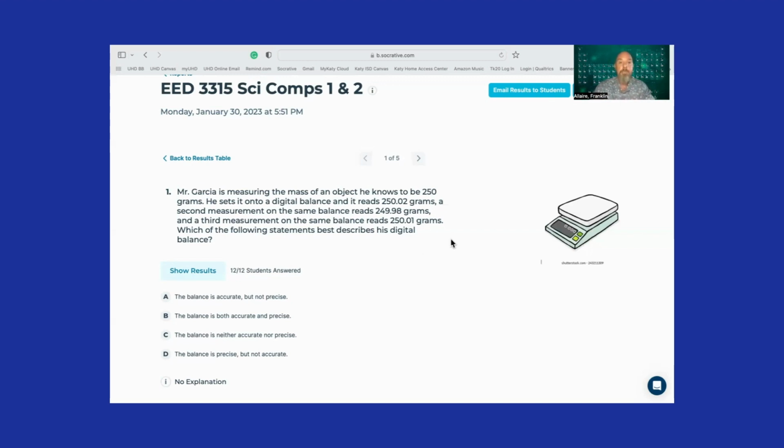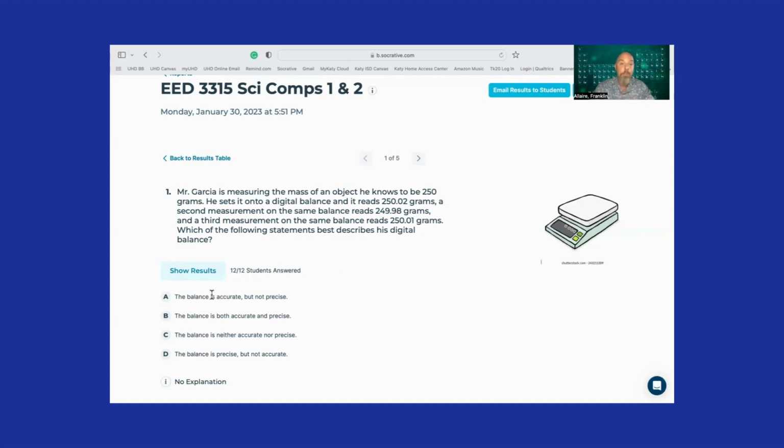Question number 1 says, Mr. Garcia is measuring the mass of an object he knows to be 250 grams. He sets it on a digital balance and it reads 250.02 grams. A second measurement on the same balance reads 249.98 grams, and a third measurement on the same balance reads 250.01 grams. Which of the following statements best describes his digital balance?